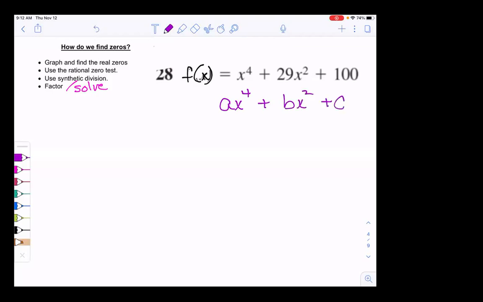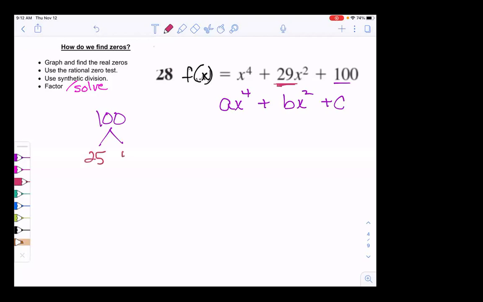And if I have a trinomial in the form x to the 4th, x squared and a number, that means I can factor it with regular traditional factoring. So then the question becomes, we have a 100. What are the 2 numbers that multiply to be 100, but add to be 29?